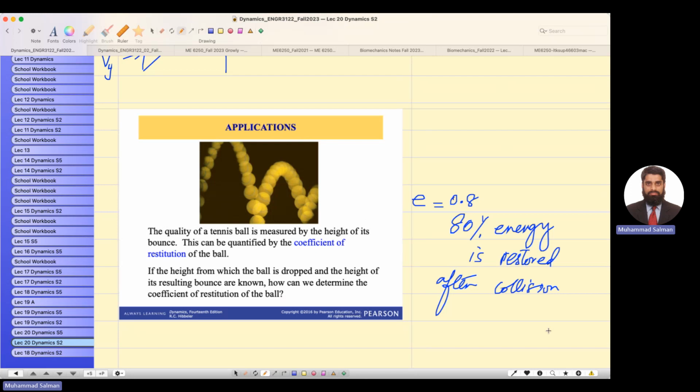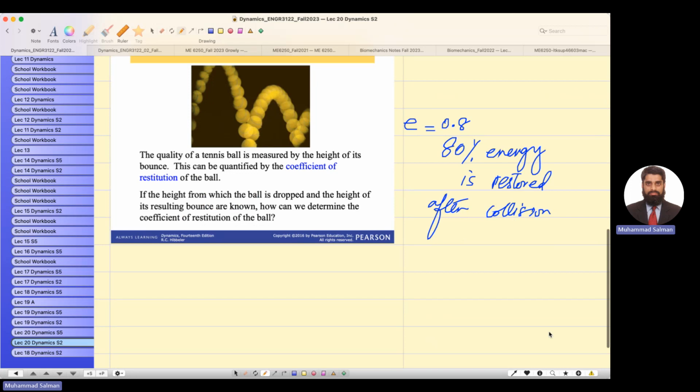That's what it means. If it is 0.8, it's 80%. If it is 1, it means 100% of the energy is restored, and that is the special case. So if E is 1, I would say it is a pure elastic collision.